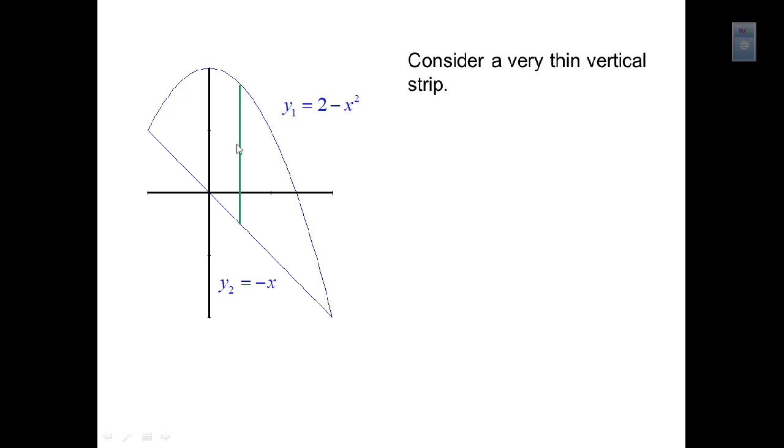So if we think about this thin vertical strip, it has a thickness that is dx. And what is its length? Well, its length is whatever this y value is right here minus whatever this y value is right here. So it's essentially y1 minus y2, or 2 minus x squared minus negative x.